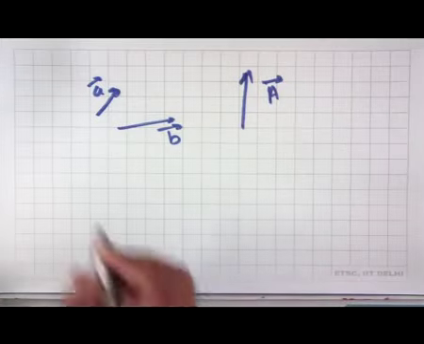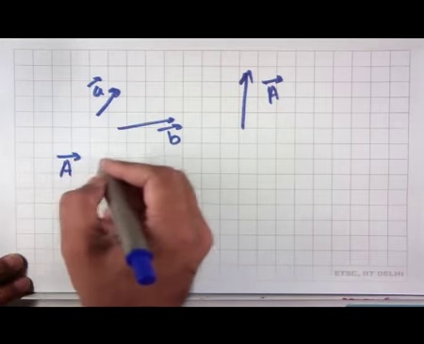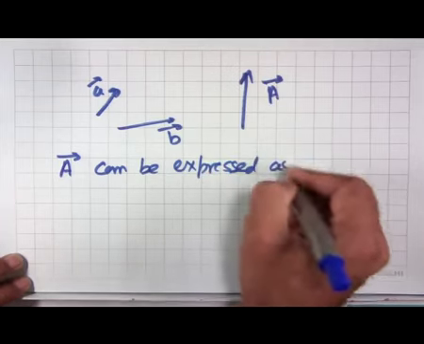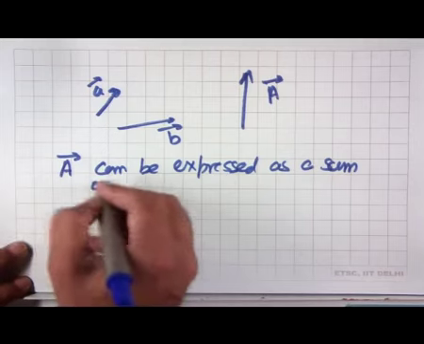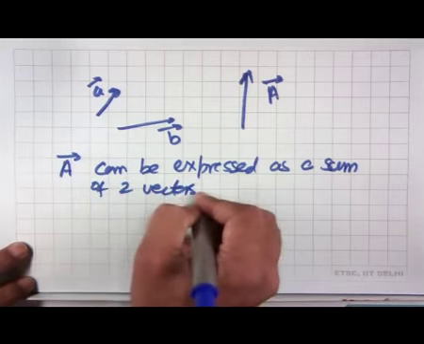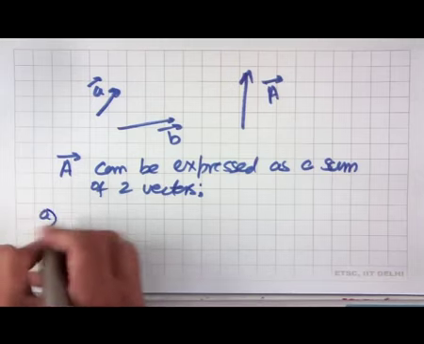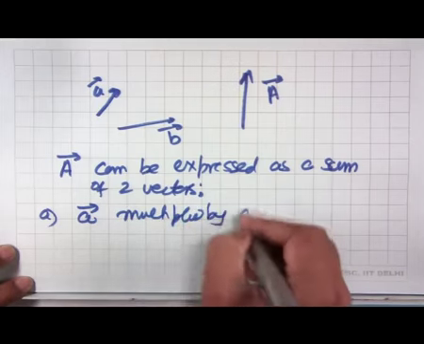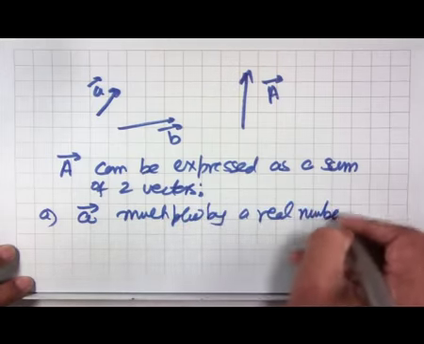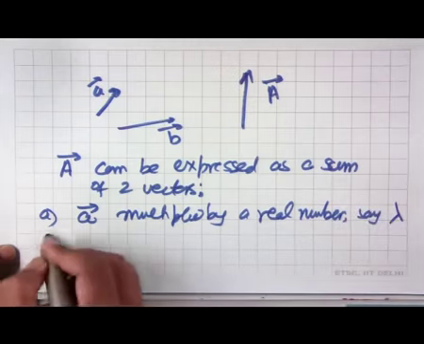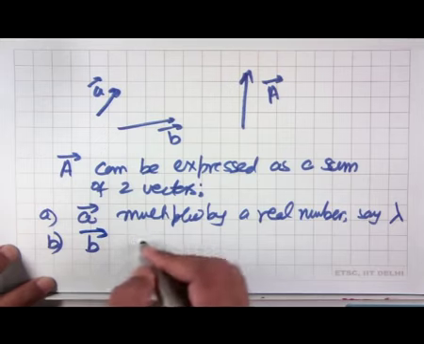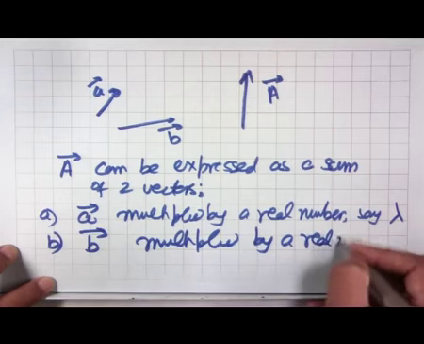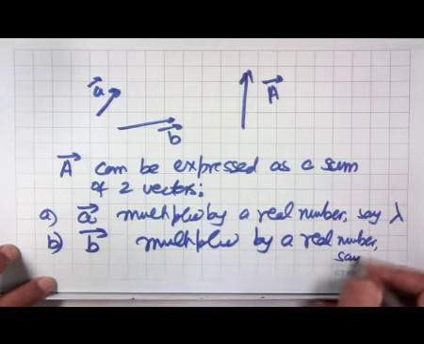Now, what we can say is that the vector A can be expressed as a sum of two vectors. Now, what is the speciality of these two vectors? The first of these is a multiplied by a real number, let us say lambda, and the second is vector b multiplied by a real number which is different in general, say mu.